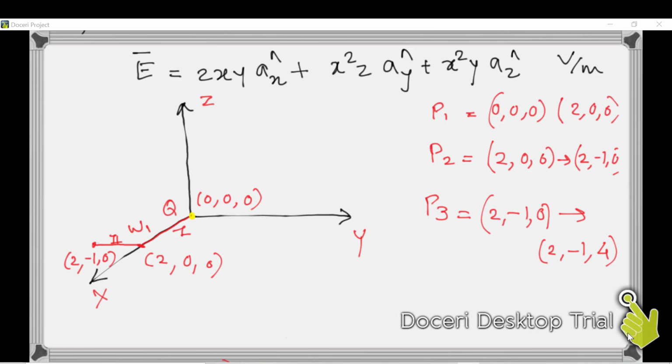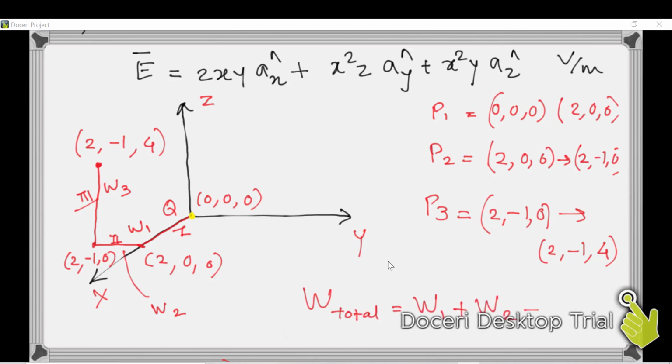From this point, if you go upward for 4 units, you will get the final point (2, -1, 4). So this is our third path. We have to find the work done for path 2 and path 3, and W total is equal to W1 plus W2 plus W3.